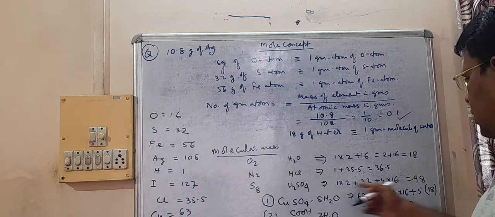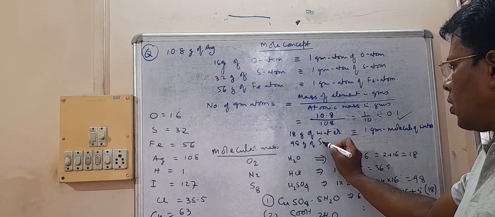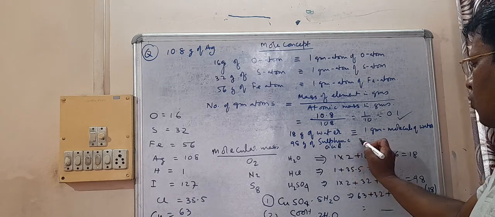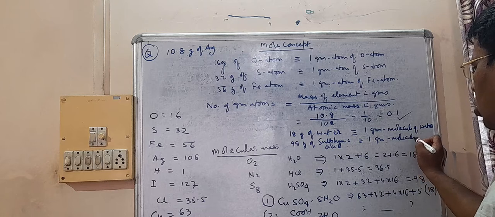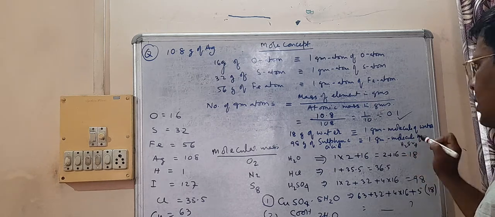Similarly, say sulfuric acid, 98. So 98 gram of sulfuric acid will be identical to 1 gram molecule of sulfuric acid.